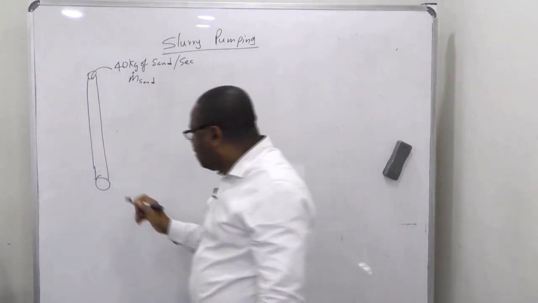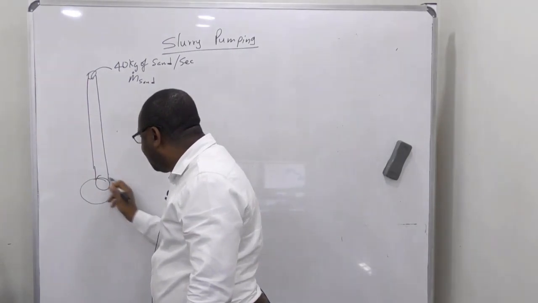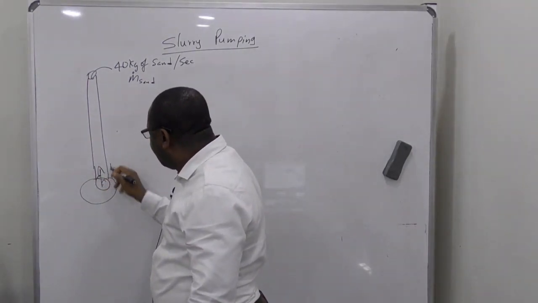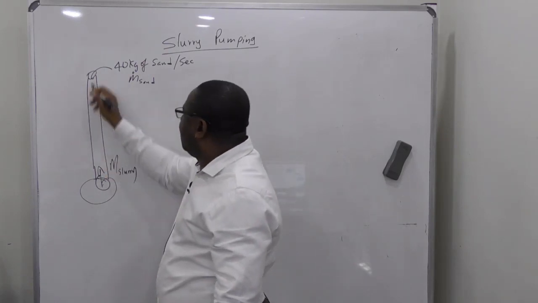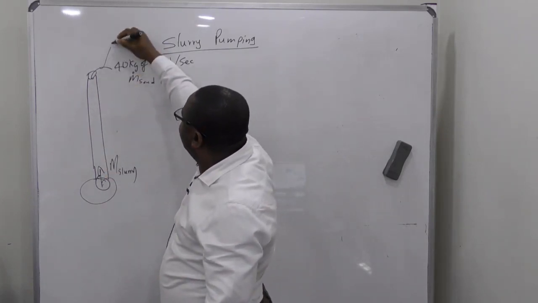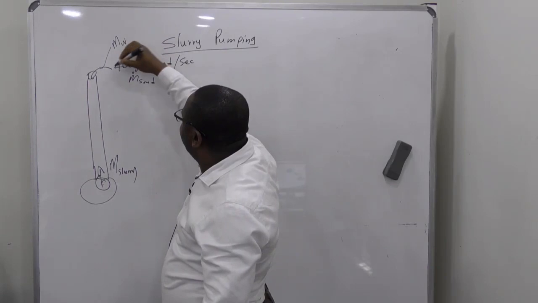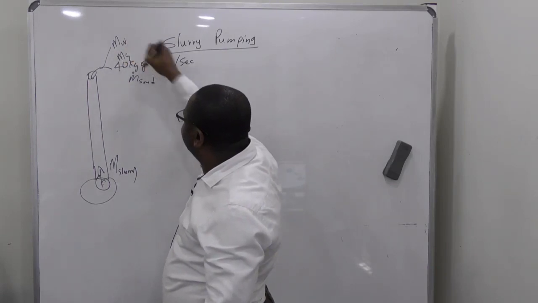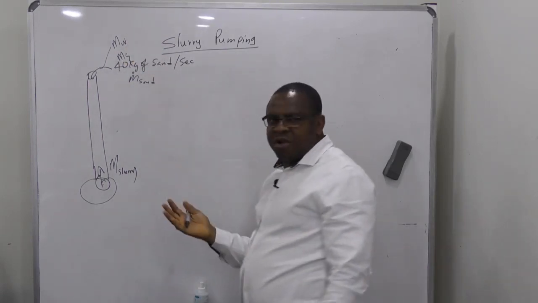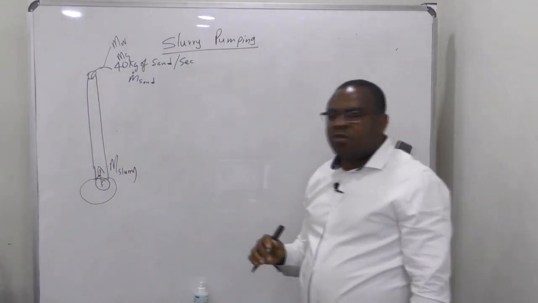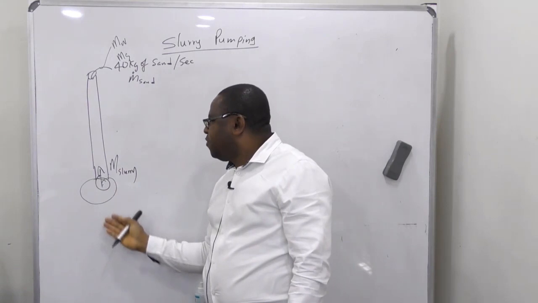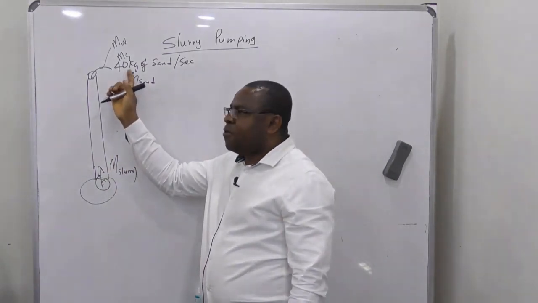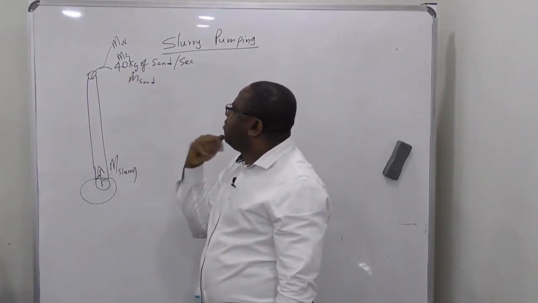All right, so that means this pump is going to push a mass of slurry, which I don't know. But when it comes here, you are going to have mass of water and this mass of sand, and you are going to separate that. So we want to know the amount of power required to pump this 40 kilograms of sand per second.